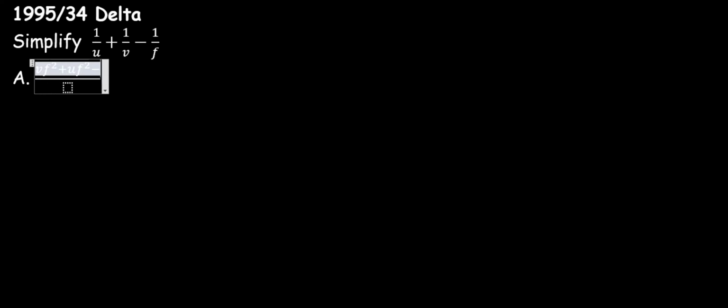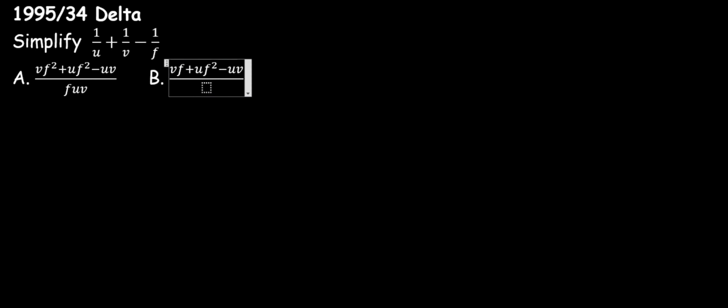Simplify 1 over u plus 1 over v minus 1 over f. The options are given. Option A is vf squared plus uf squared minus uv all over fuv. Option B is vf plus uf squared minus uv divided by fuv.